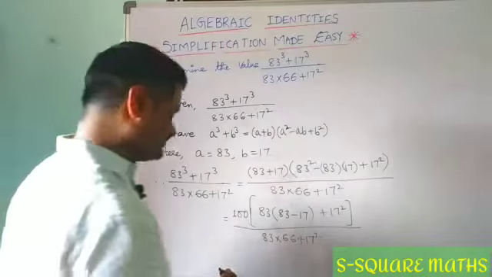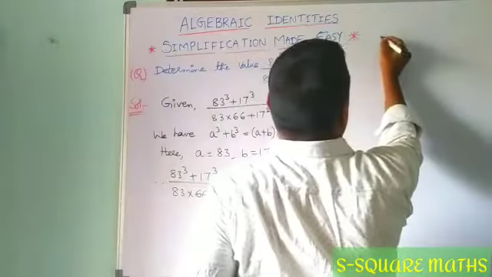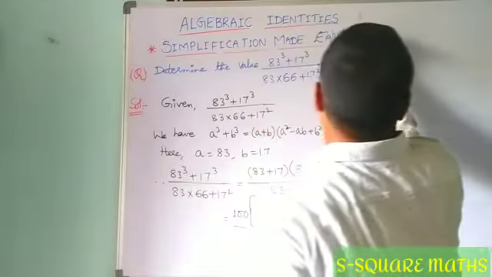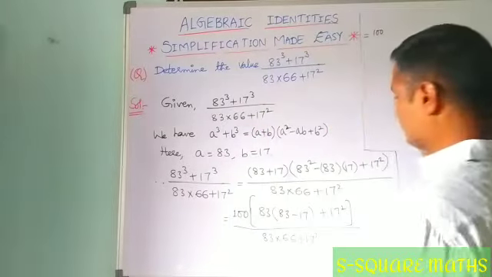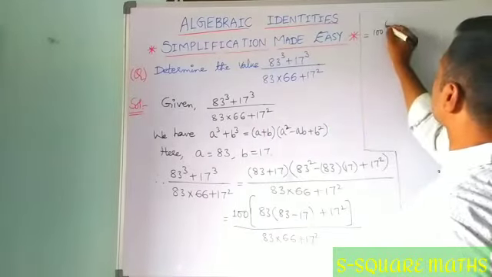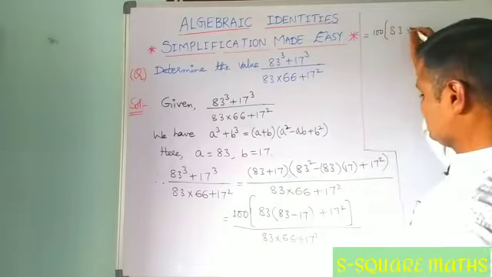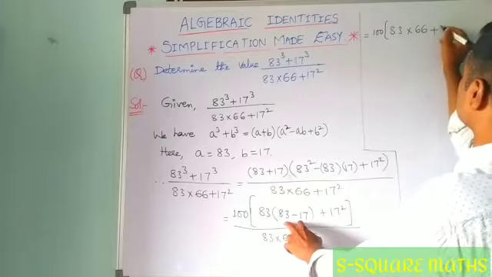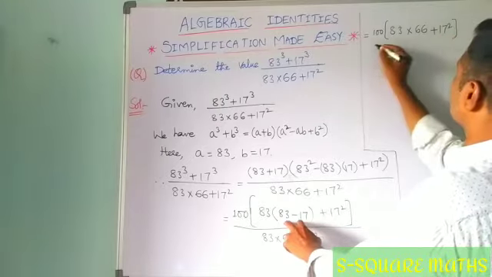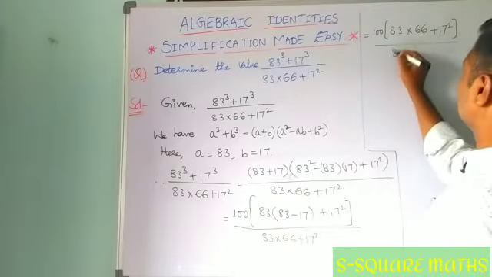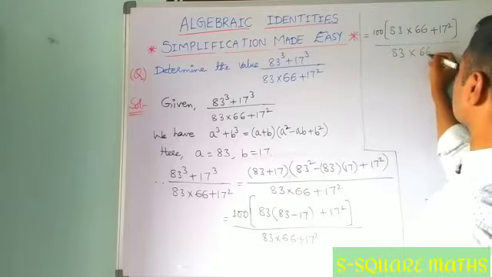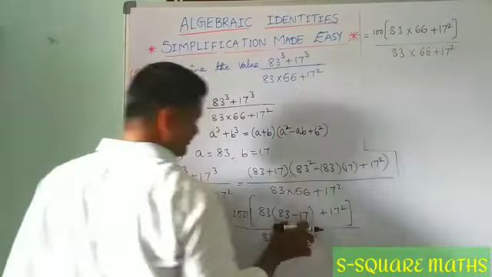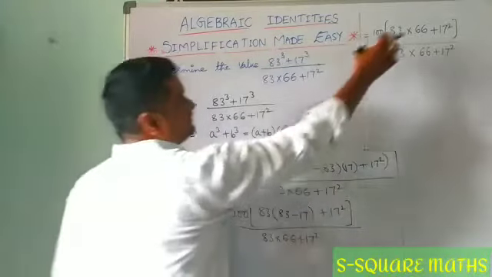Now the next step: 100 of 83 into (83 minus 17, which gives 66) plus 17 squared by 83 into 66 plus 17 squared. So I have just done the substitution. That is the remaining part.